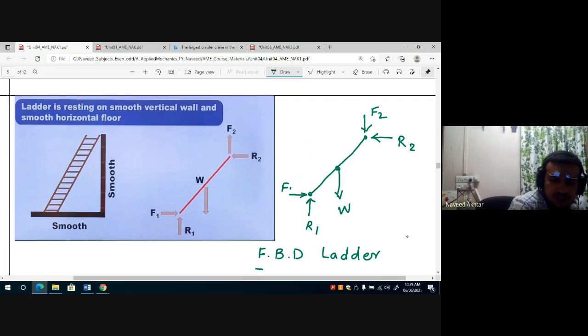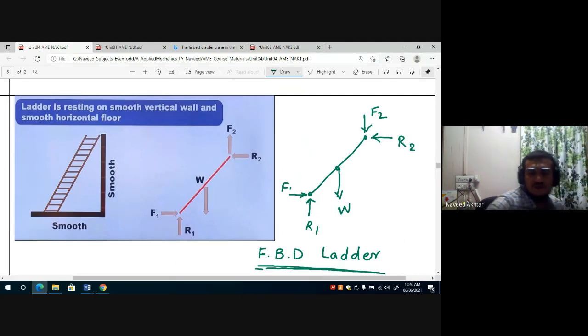You can see in this figure only the forces, and that is called a free body diagram.